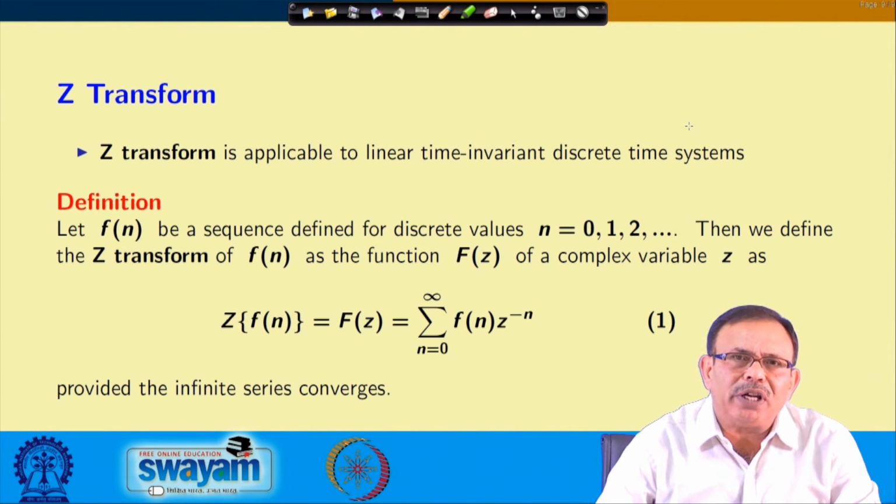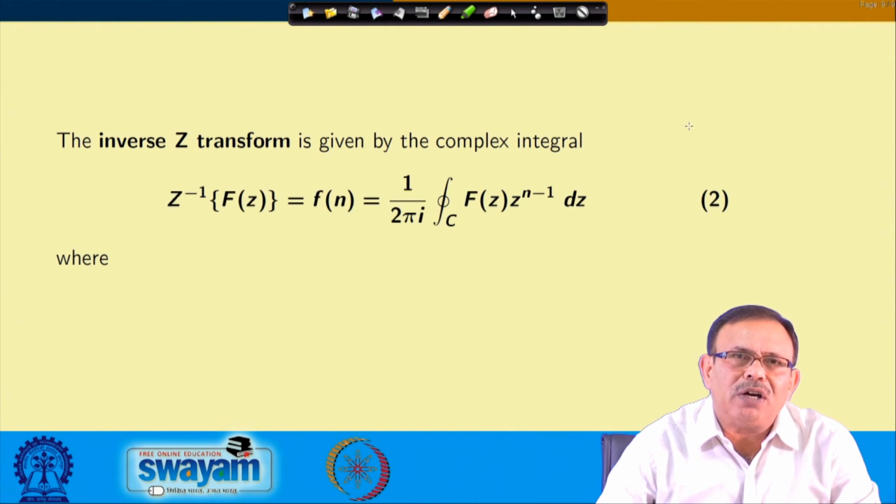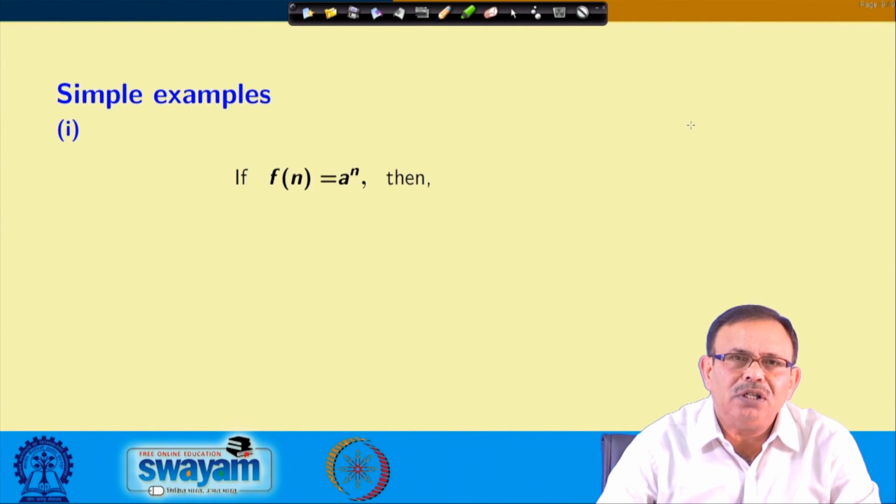Similarly the inverse we can find by this way, Z inverse of f(z) equals 1 by 2 pi i, contour integral over c of f(z) into z to the power n minus 1 dz.